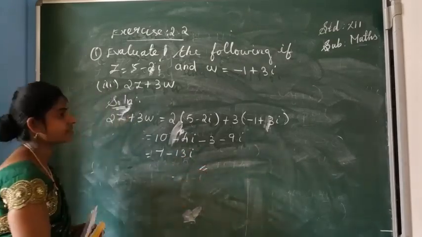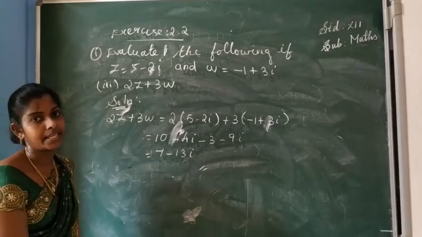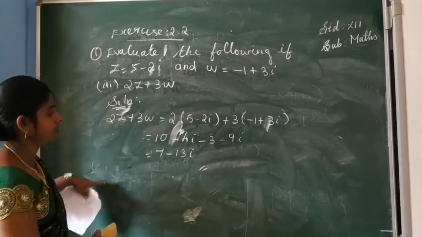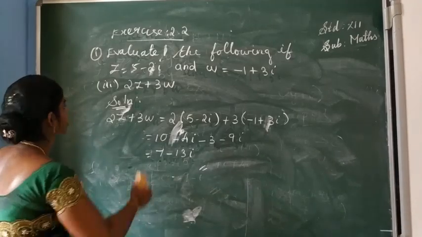So the answer is 7 plus 5i. Then we move to fourth solution.